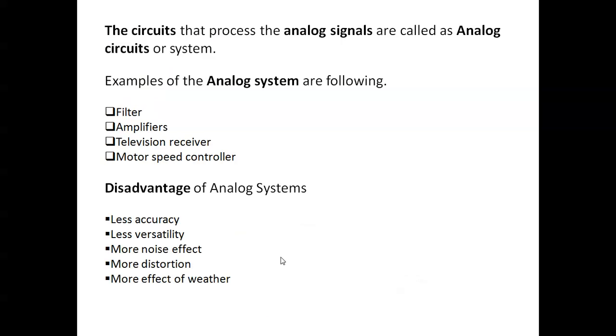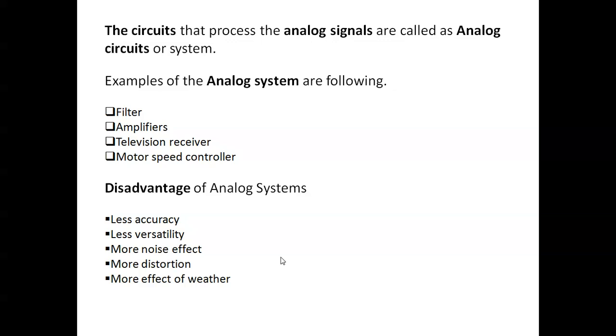The circuit that processes analog signals is called an analog circuit system. Examples of analog systems are filters, amplifiers, television receivers, and motor speed controllers. Drawbacks of the analog system: it is not digital oriented, so it has less accuracy and less versatility.